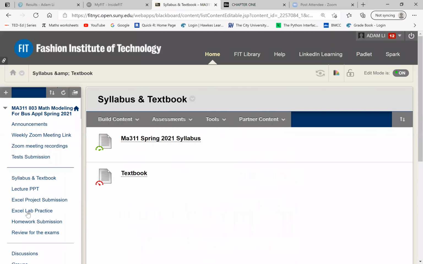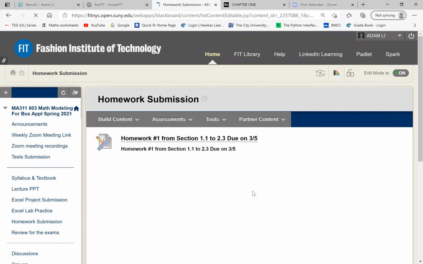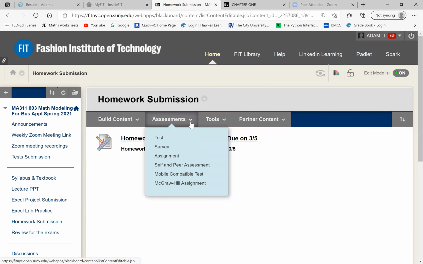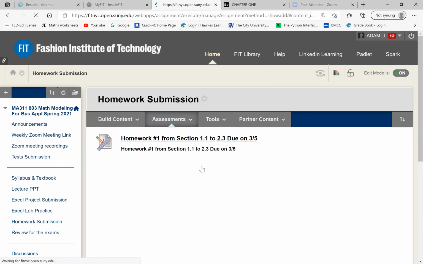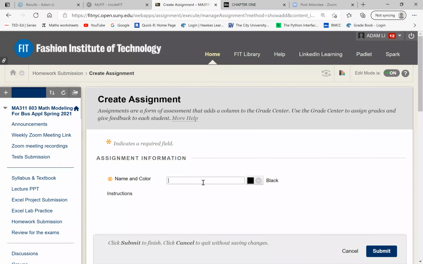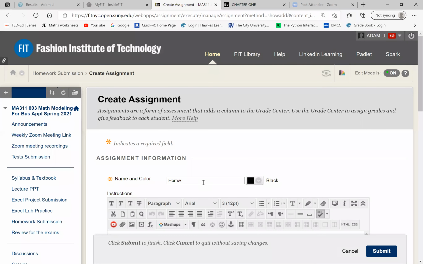Let me make a note and then create a Dropbox for you, so you're not confused about what questions to submit for the second homework assignment. So let me just create a Dropbox here right now. Homework number 2, I will list all the details in the comment section. Homework number 2 is from section 3.1 to 3.4.